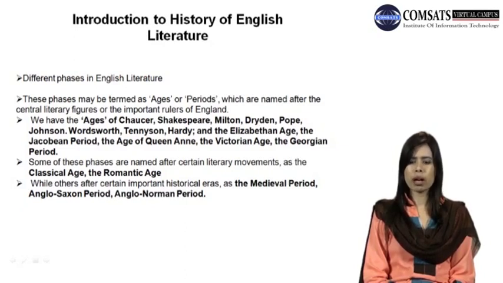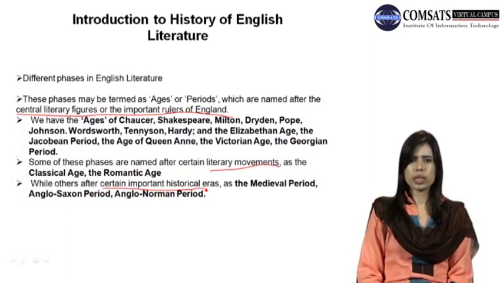So we name them after certain literary movements, for example, the postmodern period in the history of English literature, or the modern period as well. So after certain literary movements, we give that period that very name.